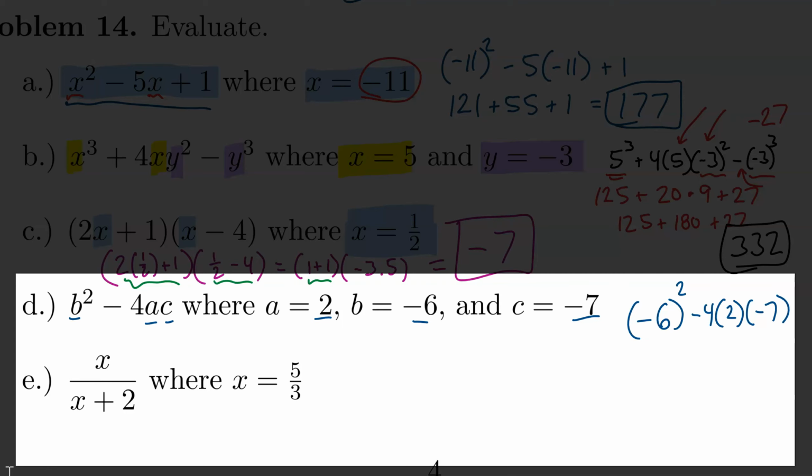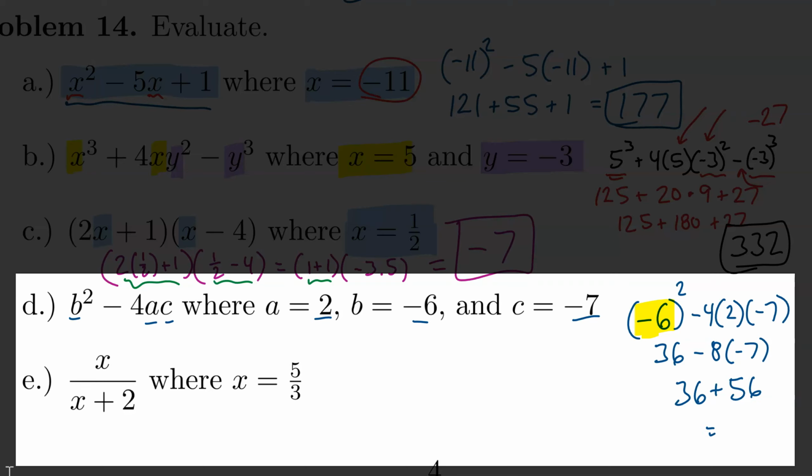Of course, I'm squaring that entire negative 6. It's going to become a positive 36. And then negative 4 times 2, I get negative 8. Taking that times negative 7 gives me a positive 56. So I have 36 plus 56, which adds up to 92.